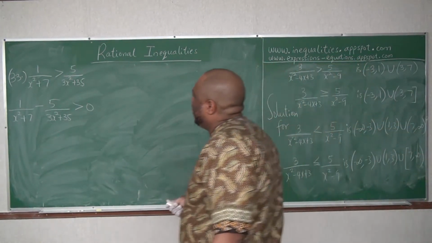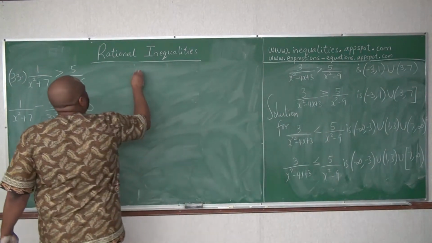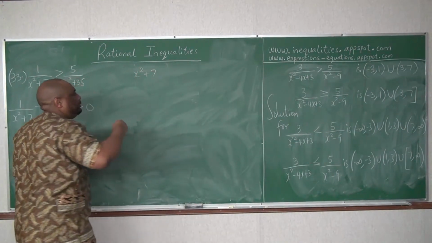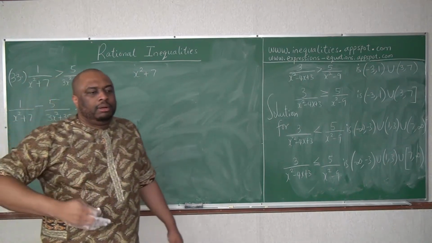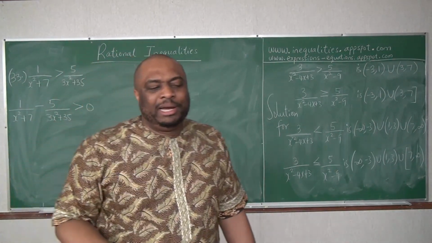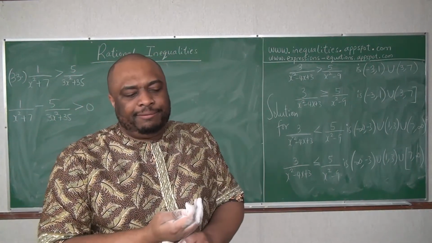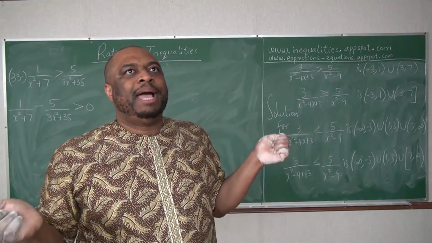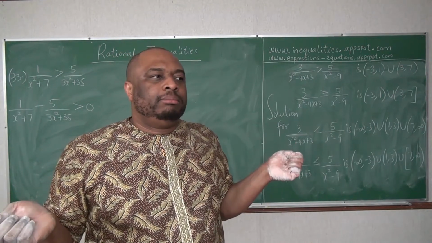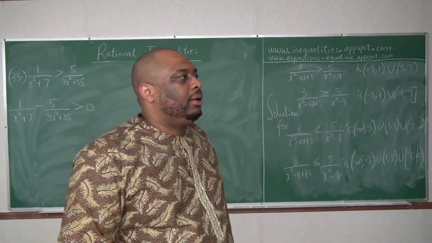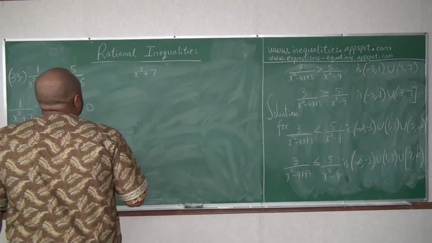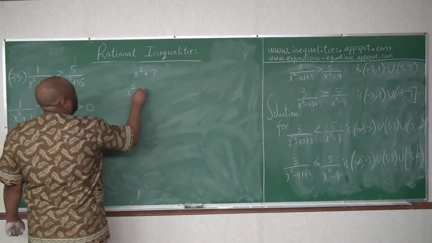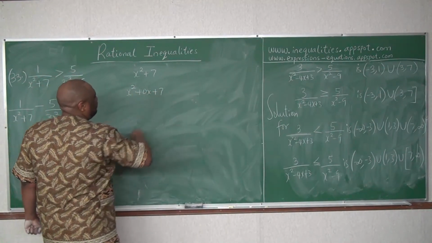So as you can see here, x squared plus 7, we cannot factor this by GCF. And if we decide to factor this even by quadratic equation, we see that this is x squared plus 0x plus 7.